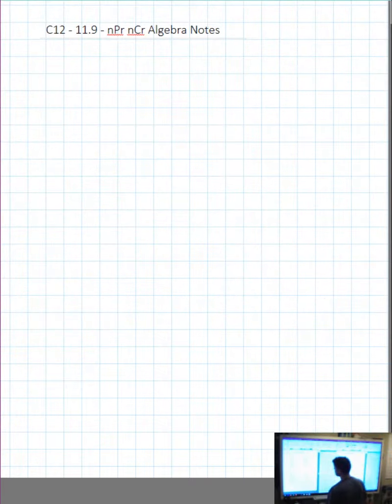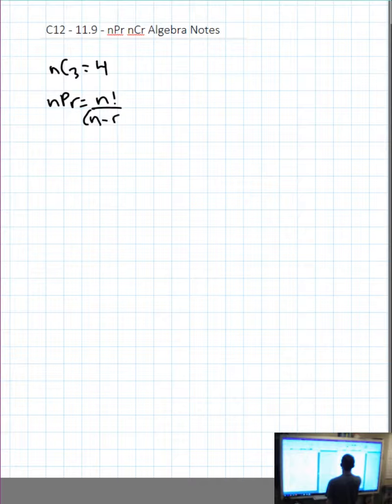Okay, same page, bottom left. NC3 equals 4. I'm going to clean that up a bit. NC3 equals 4. Well, again, I'm going to write the formula for n. NPR equals n factorial over n minus r factorial with another r factorial on the bottom, which is NC.